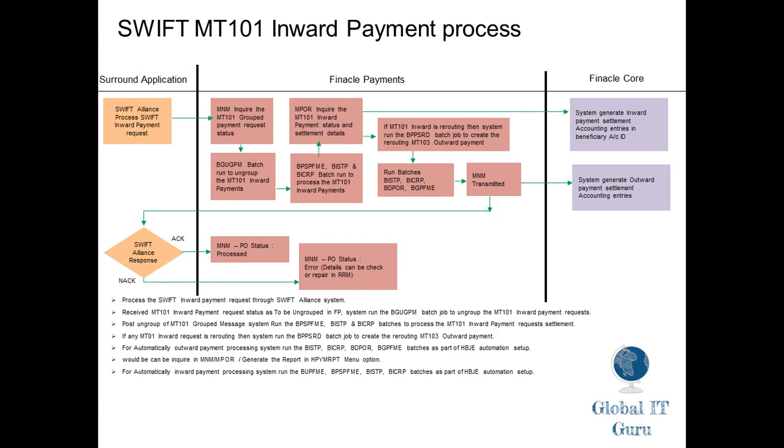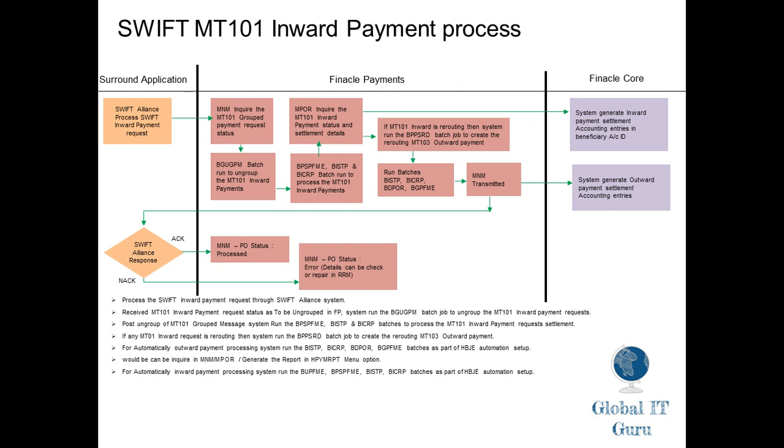Now coming to the inward Swift payment, how will it process? Once the Swift Alliance receives the payment information, it processes the Swift inward payment request through the Swift Alliance system. It receives the MT101 inward payment request, the status is to be ungrouped in Finacle payment or any payment system, and the system runs the particular batch jobs to ungroup the MT101 grouped message.